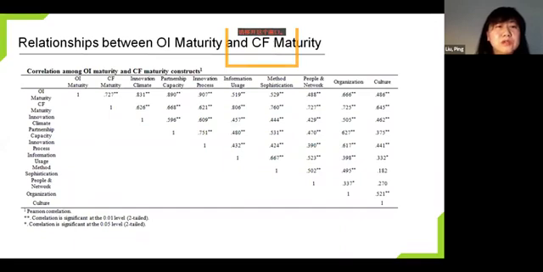We also use the Pearson correlation analysis to explore the relationship between open innovation maturity and corporate foresight maturity.